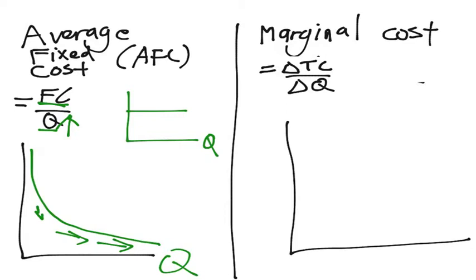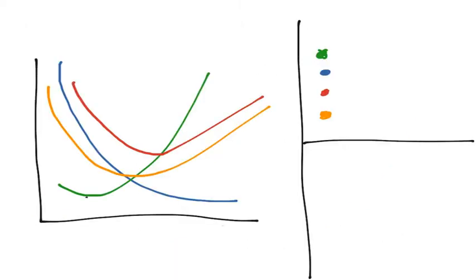Now, next is the marginal cost. The marginal cost curve is something like this. I believe I've told you guys before that the shape is like this, but I'll explain why in the next few slides. Okay, so now I want you guys to pause and try to identify each of the cost curves.